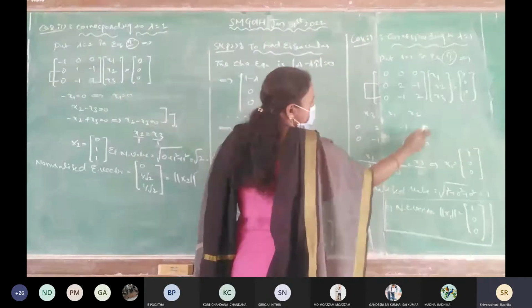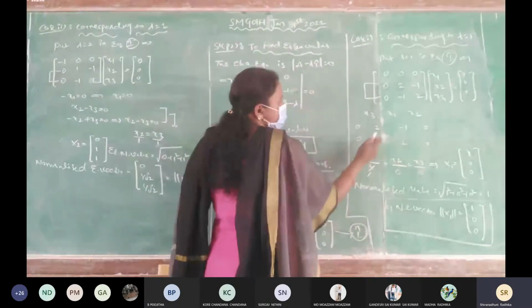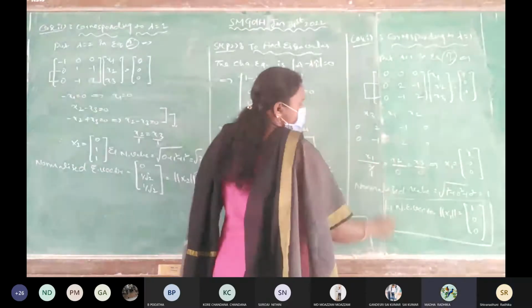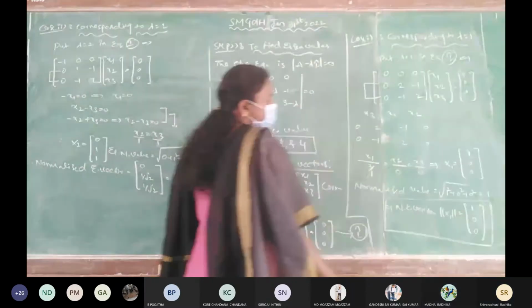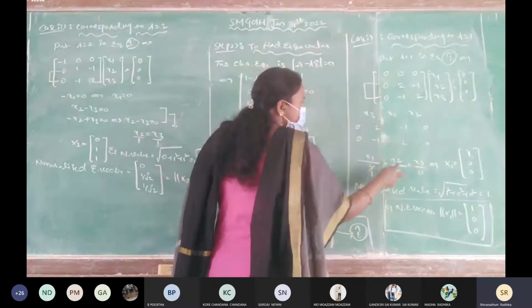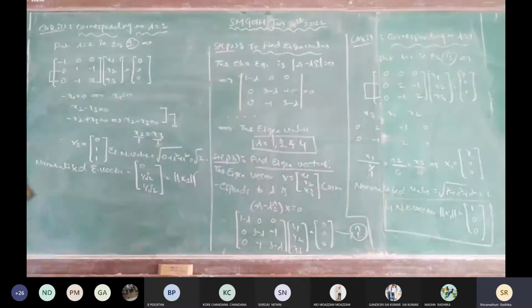And x2, 0 minus 0. x3, 0 minus 0, again 0. 1, 0, 0. 3 ones are 3. 4 plus 1, ma'am. Okay, ma'am, this is 4. It becomes plus, already there is a minus. 4 minus 1 is 3. Second eigenvector, normalized eigenvector completed, ma'am.